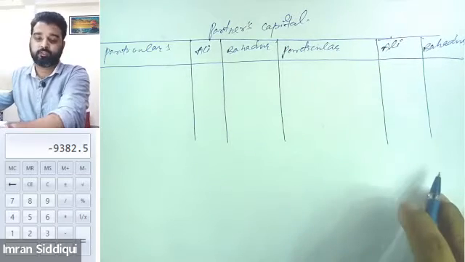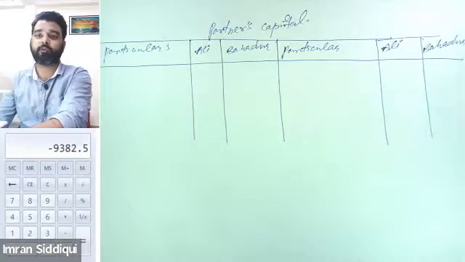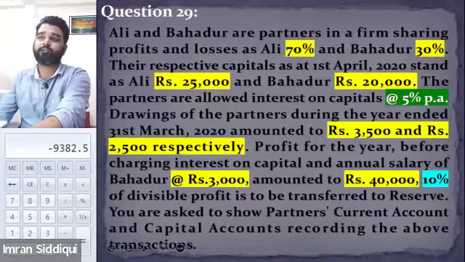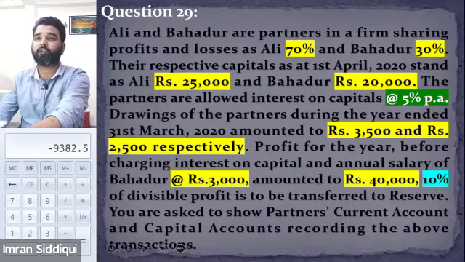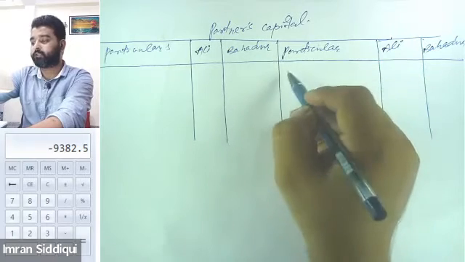Are the capital balances of the partners given in the question? Yes, their capital balances are already given in the fourth line. It says that their respective capital as on 1st of April 2020 stands at 25,000 for Ali and 20,000 for Bahadur. It will be considered as the opening balance.